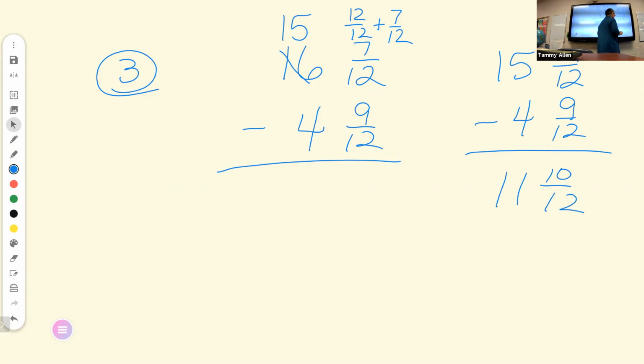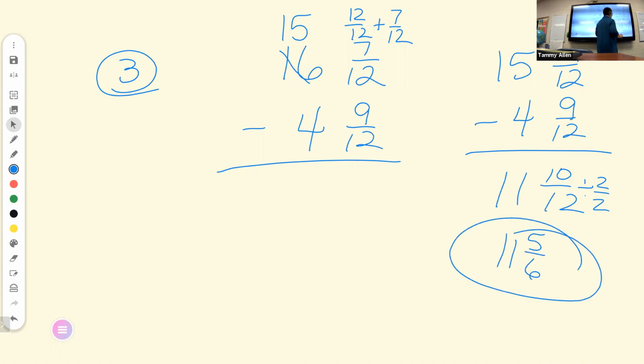Thank you very much for recognizing that. What is the common factor of 10 and 12? And notice I have to divide by 2 over 2 because I have to divide both numerator and denominator by 2. What is my final answer in lowest terms? 11 and 5/6. And we're going to circle that because that would be our final answer.